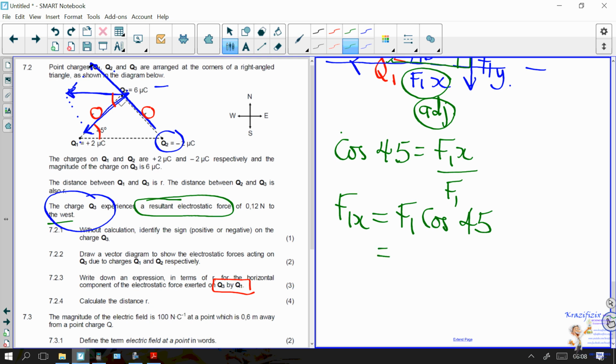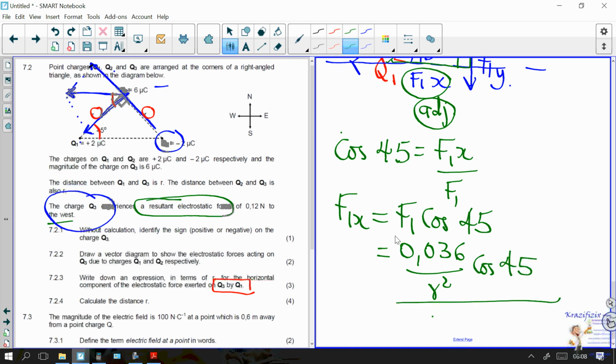We got 0,036 over R squared cos 45. All right, we can expand and write down our answer in full, but the question says in terms of R squared.